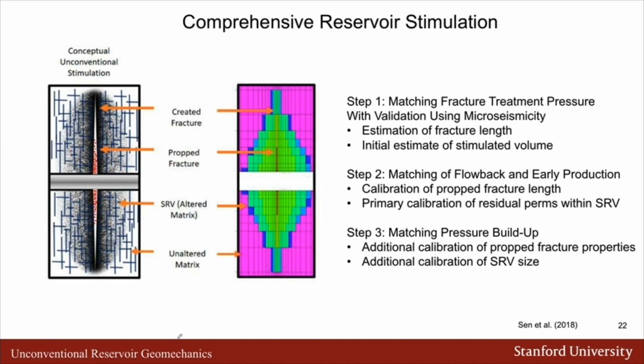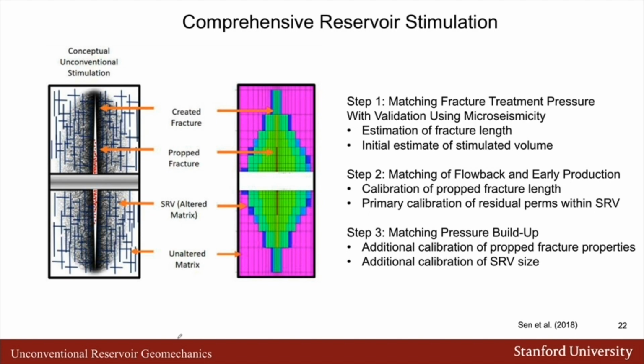Okay, so they were simulating the hydraulic fracturing to match flow back and early production immediately after hydraulic fracturing, and then the initial decline curves. And then when they shut in a well and measure the pressure buildup, they're also going to try to match that as well.